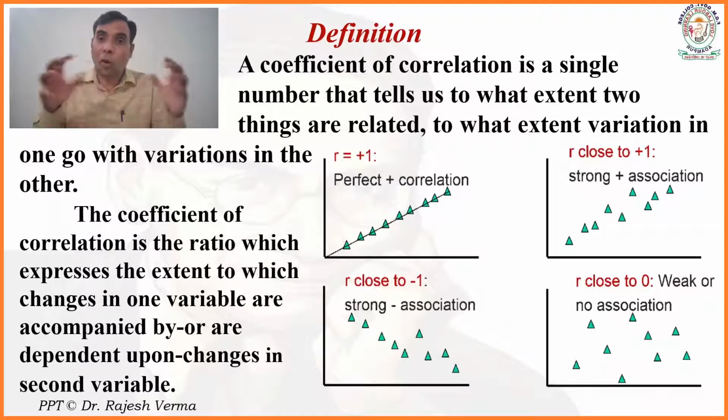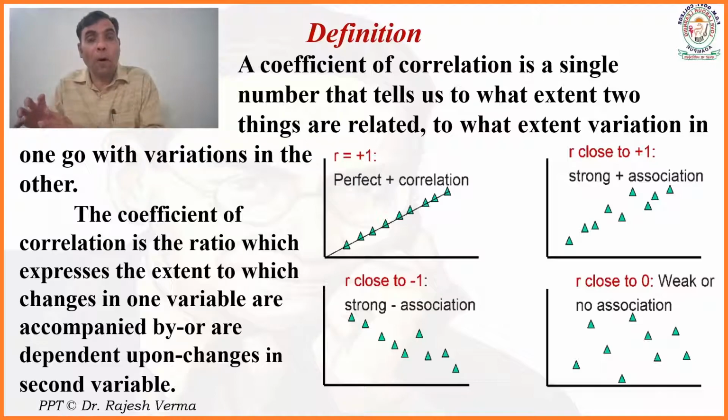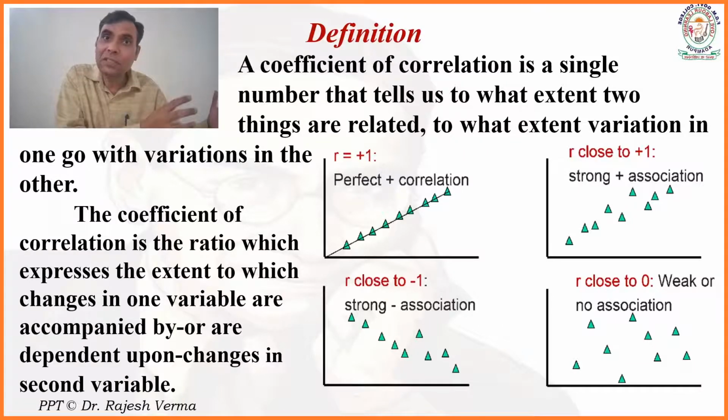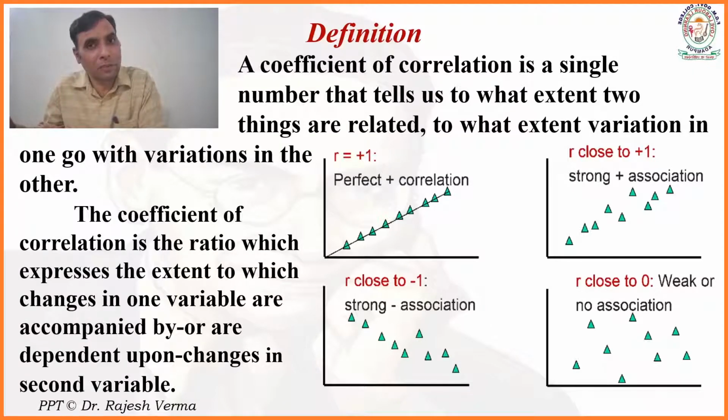Correlation is a coefficient in the form of a single number that tells us to what extent variation in one goes with the variation in the other. In the simplest terms, the correlation coefficient details how a change in one variable leads to a change in the other variable.